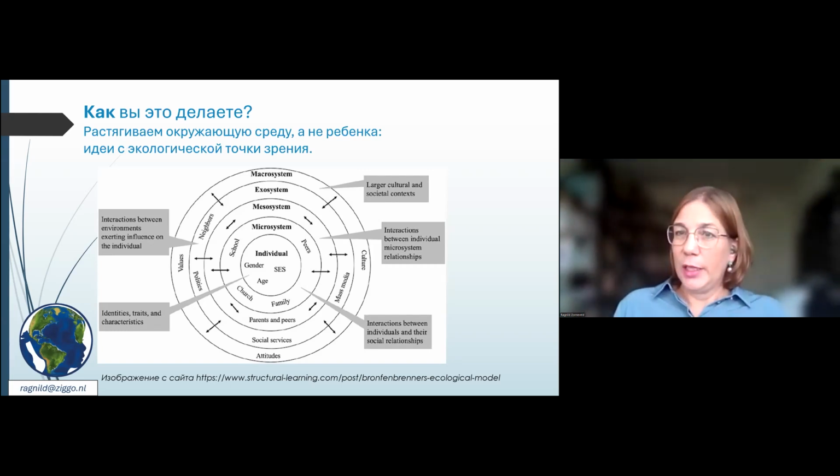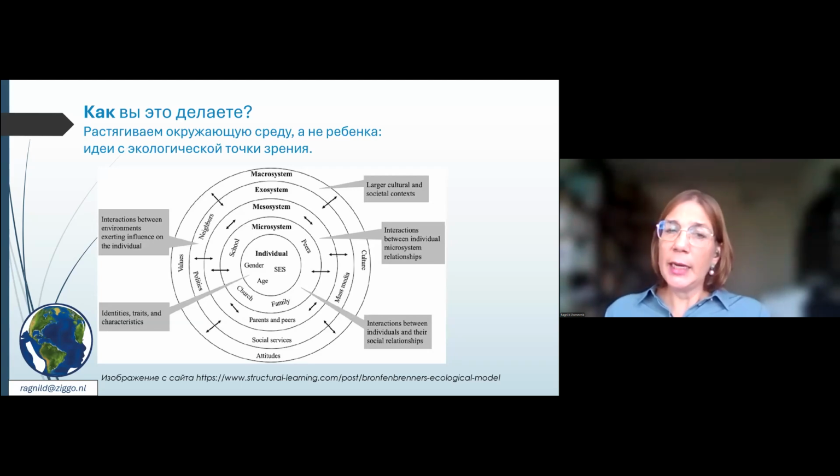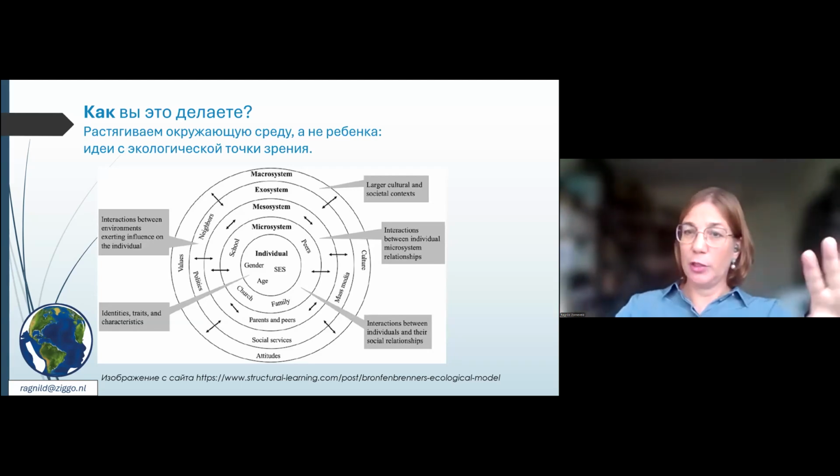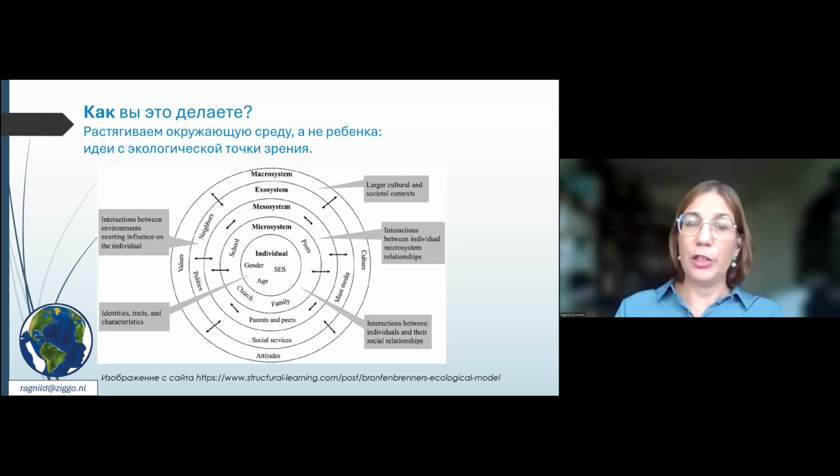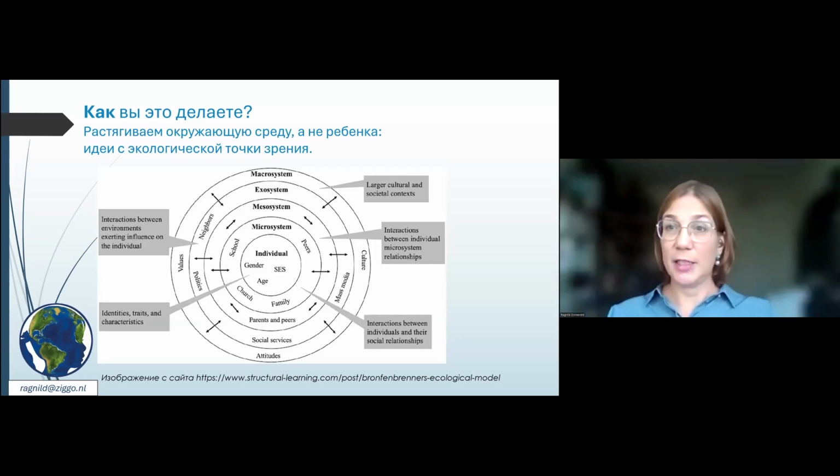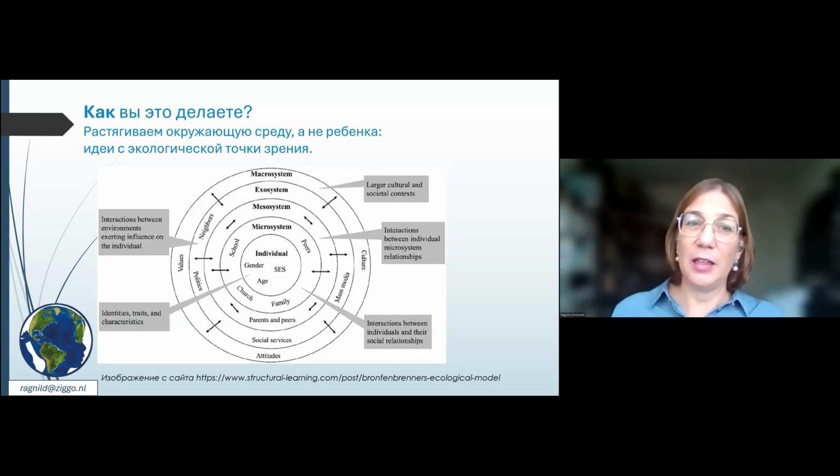And each individual is very unique in gender, age, social and economic status, but also in temperament, in personality, in intelligence. Each individual is unique and has a unique interaction with its environment and backwards. Because that's what Bronfenbrenner is also saying, that it's not only the systems influencing the child, but also the child influencing the system. So it's interconnected.